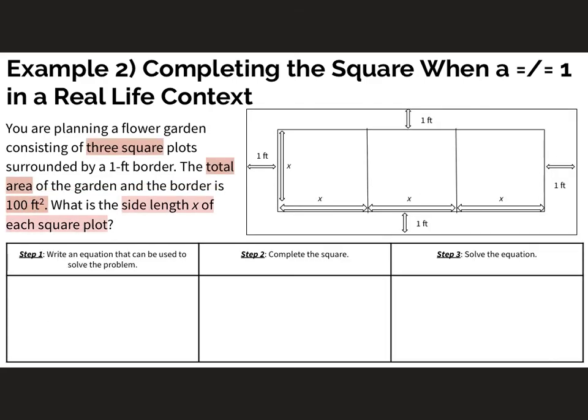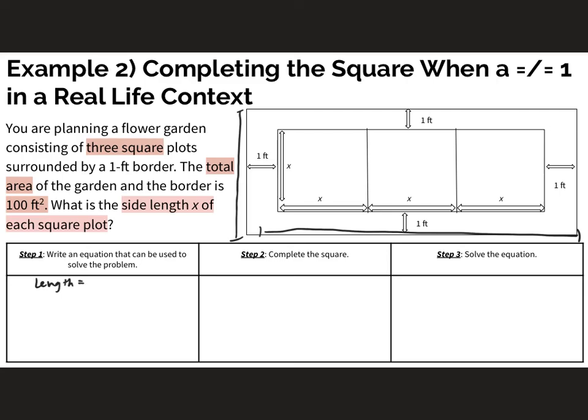So let's go ahead and try to write and solve an equation that can be used to solve the problem. I remember that to find my total area, it's going to be length times width. So we need to find some way to write an expression for the length and the width. I have my fully annotated diagram here, and I want to see what's going on with the length.